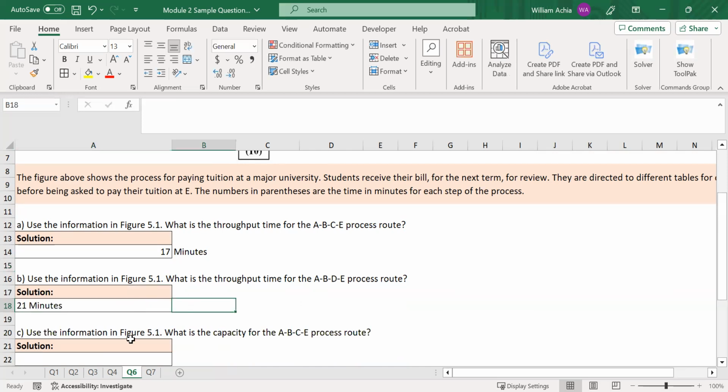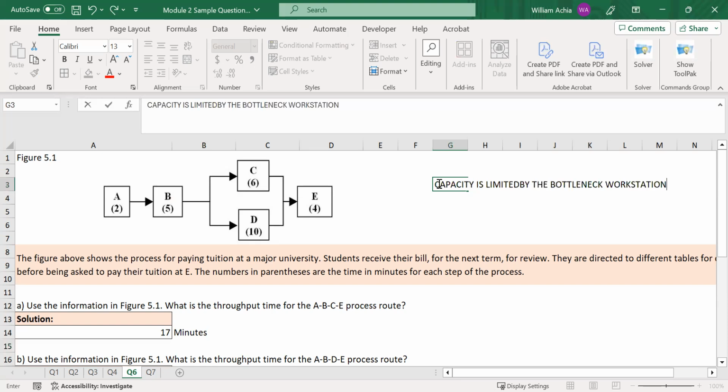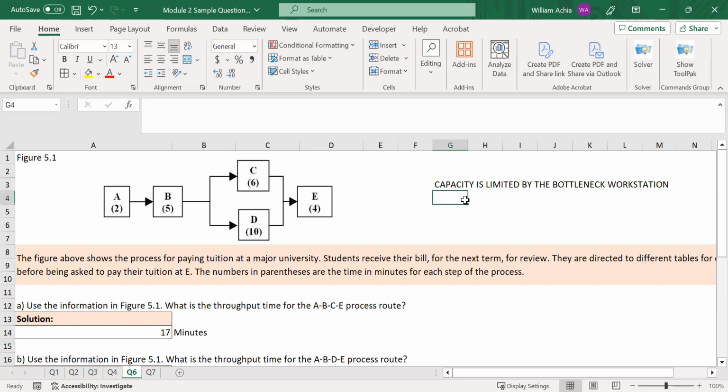What is the capacity for the ABCE route? Keep in mind here that your capacity is limited by the bottleneck workstation. So your task here is to figure out your bottleneck workstation. Your bottleneck workstation is the slowest link within whatever series of activities you have in your chart.